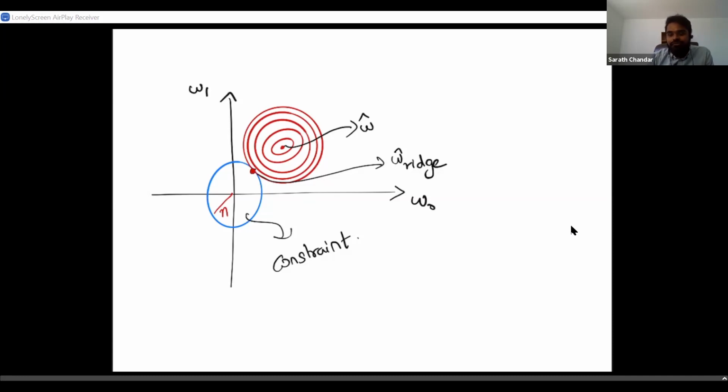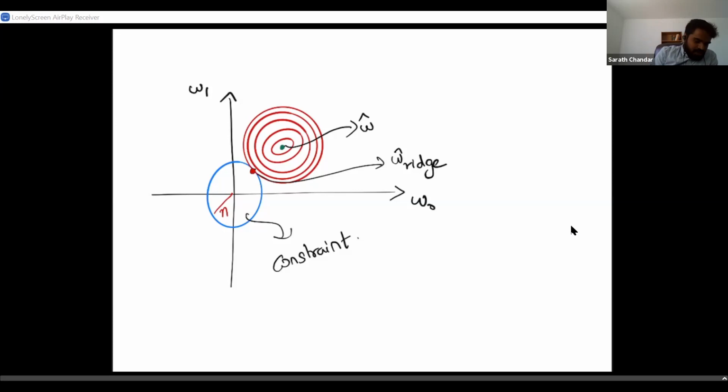On the other hand, if you were not using the regularization, then you would have found this point, right? This point might be an overfitting solution if you have chances for overfitting. Okay, so this is the geometric interpretation of what L2 regularization is doing. As we increase the value of lambda, this circle is going to get smaller and smaller, and hence you're going to get weights which are smaller and smaller.